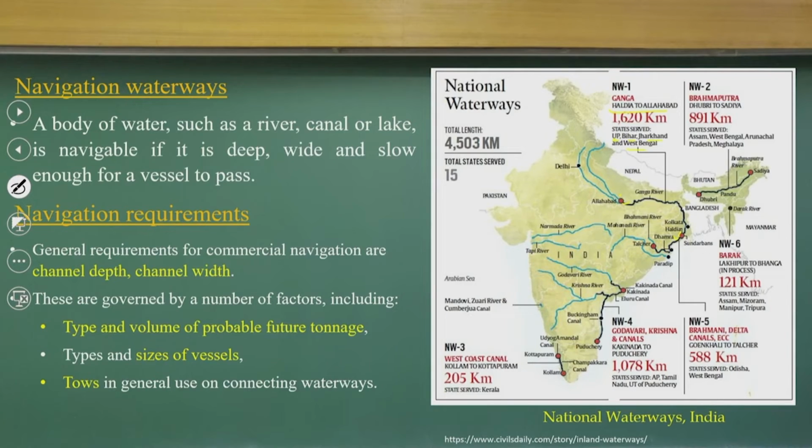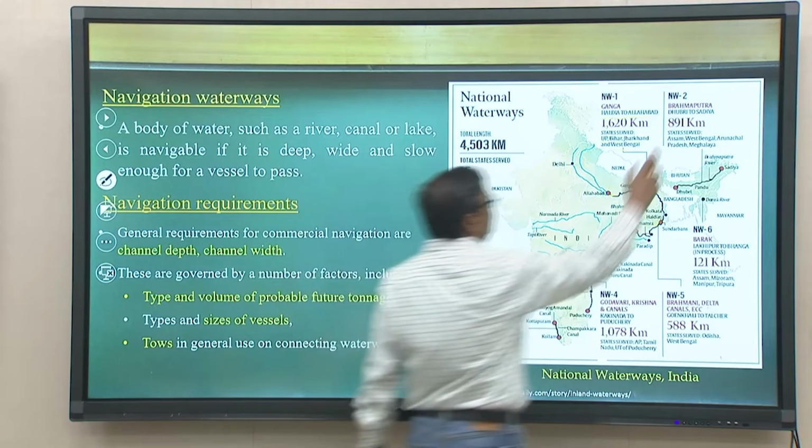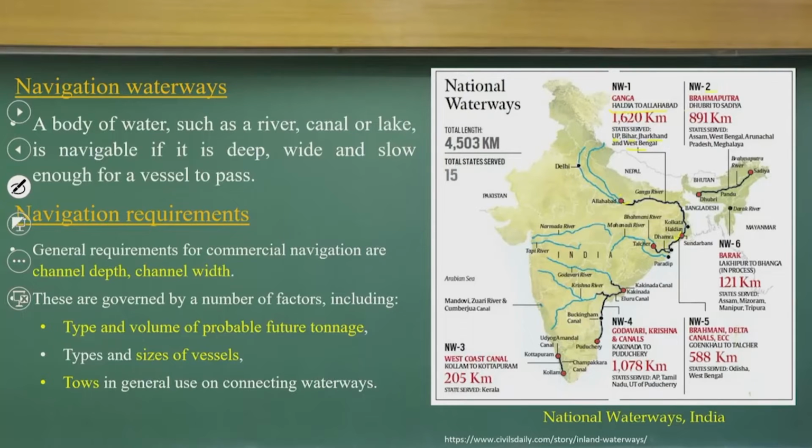In the same way we have National Waterway 2, that is the Brahmaputra River from Dhubri to Sadiya, which is about 891 kilometers in length. So, that is the national waterway from Sadiya to Dhubri. We also have National Waterway 6, which is connecting the Barak River, 121 kilometers.